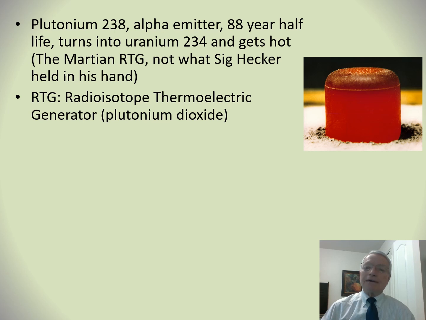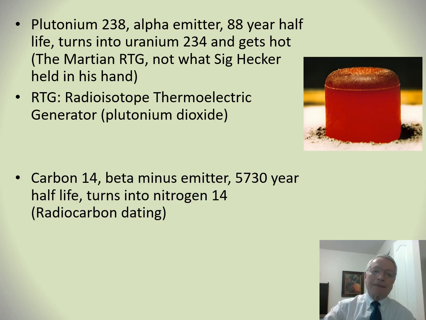It's just a bunch of hot stuff being heated by its own radioactivity, and with very low efficiency, that high temperature thermal energy is converted into electricity. But if you're on a spacecraft and you don't want to have moving parts that you can't fix, this is an okay way to generate electricity.